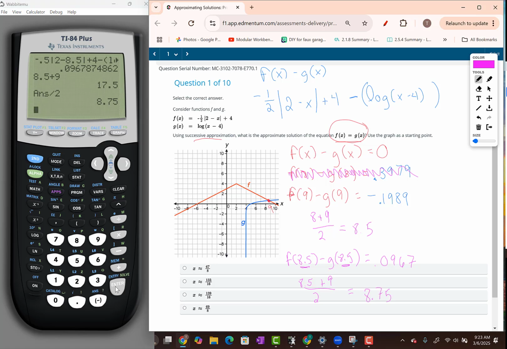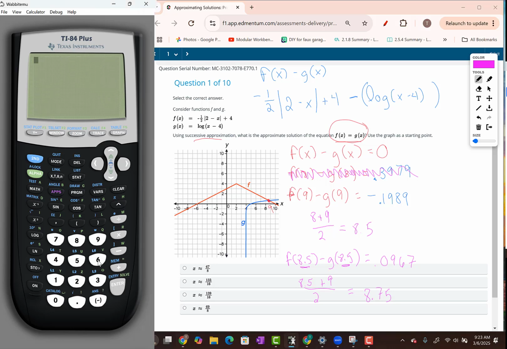So which one of these four answer choices is really close to that answer? First answer choice is 67 divided by 8. It's way too small. In fact, it's less than 8.5. 133 divided by 16. Way too small. 139 divided by 16.